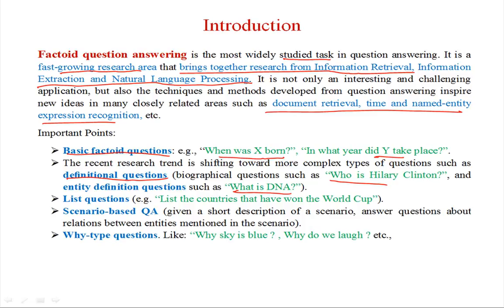Some are list type questions like list the countries that have won the World Cup. Scenario based question answering: given a short description of a scenario, answer questions about relations between entities mentioned in the scenario. Why type of questions like why is the sky blue, why do we laugh, etc.